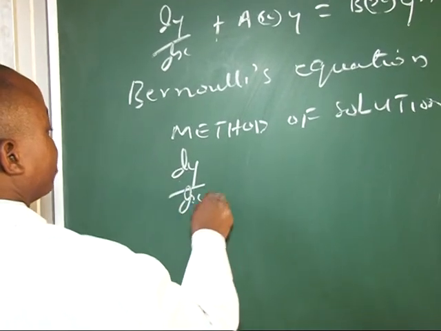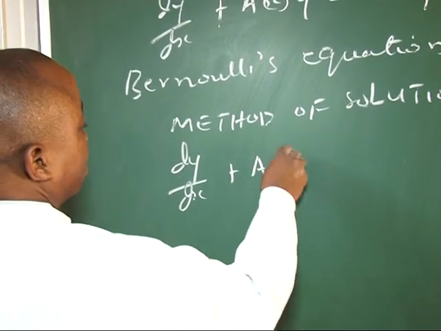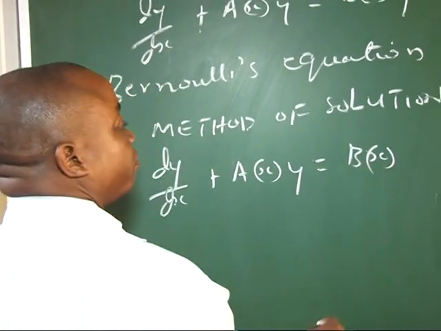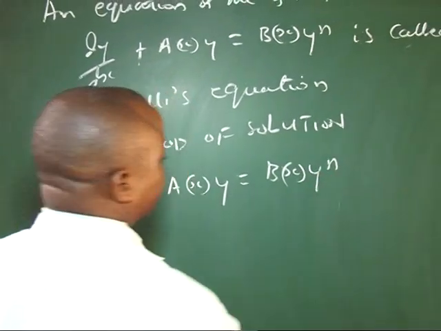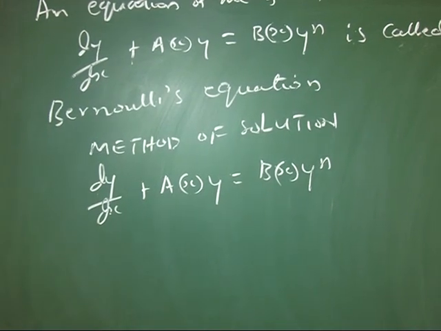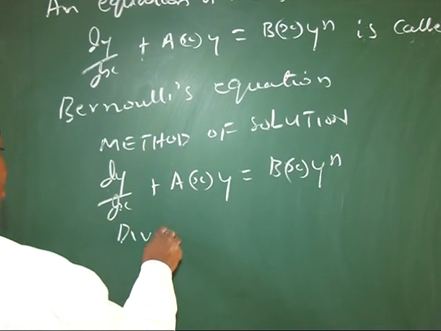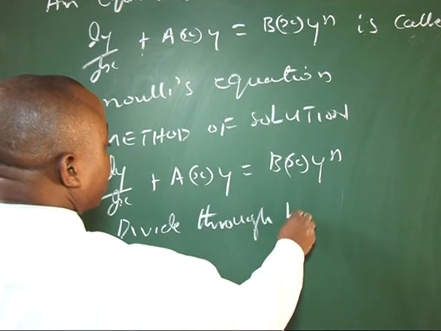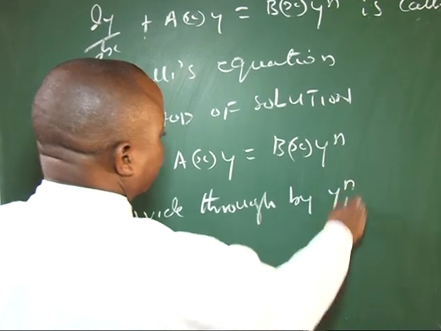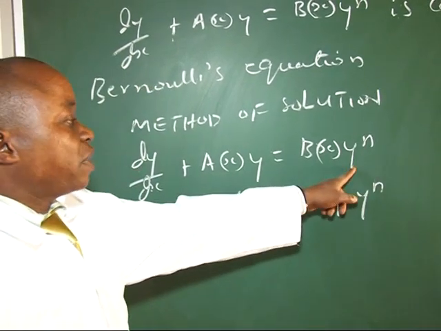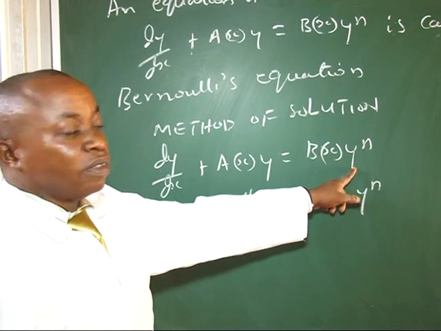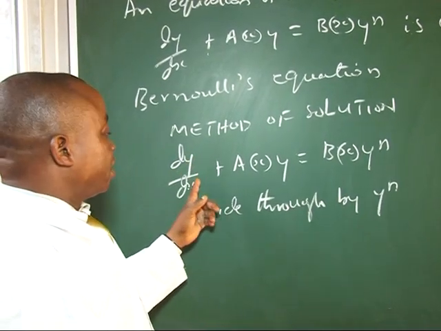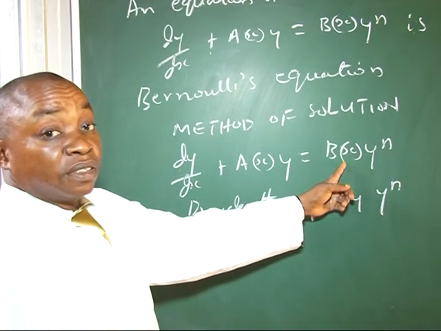Bernoulli equation is of this form, which we know: dy/dx plus a(x)y is equal to b(x)y raised to n. Now, we are going to divide through by y raised to n, because this is what makes it Bernoulli equation. From the linear equation that we just finished, you see that from here to here is the same.